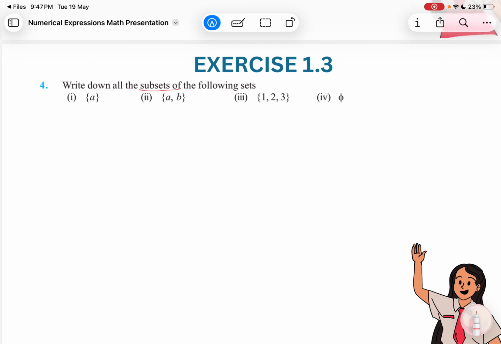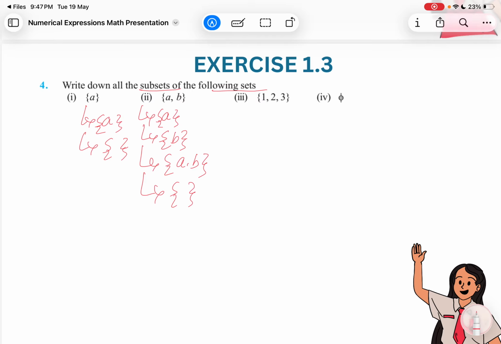Write down all the subsets of the following sets. For this set we will write A itself and an empty set. For this we will write A, then B, then A and B and an empty set.